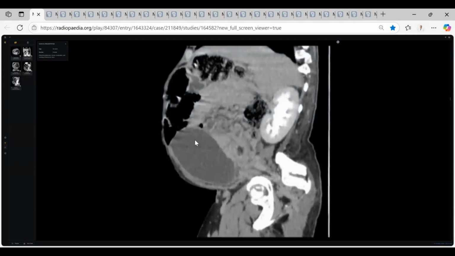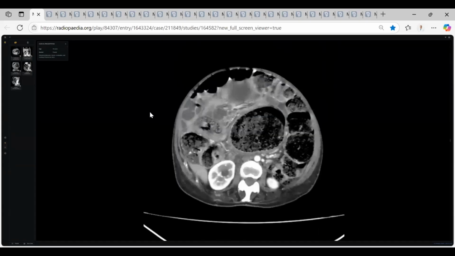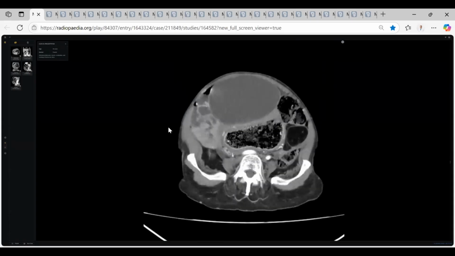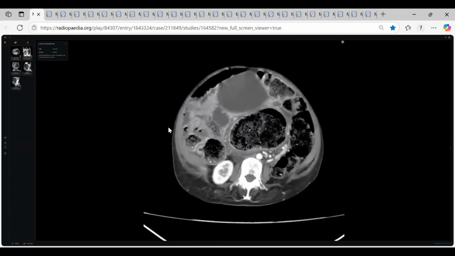There is a very important pathology here. What happened here? What is this? What happened to the right kidney, doctor?